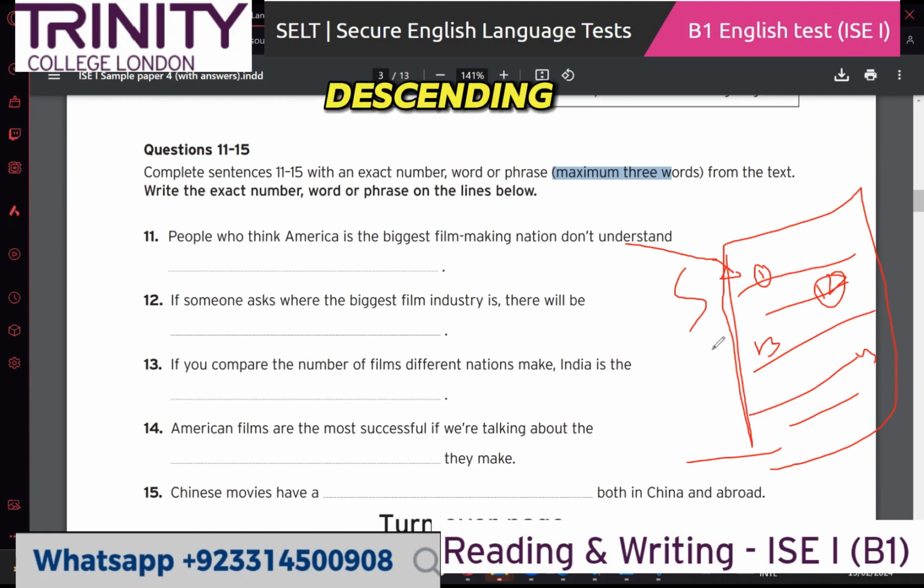So it's always in descending order. You don't have to be lost with information. If they're talking about the biggest film industry, it has to be starting from the top. If not the first one, then maybe the second one, but it would be in descending order.